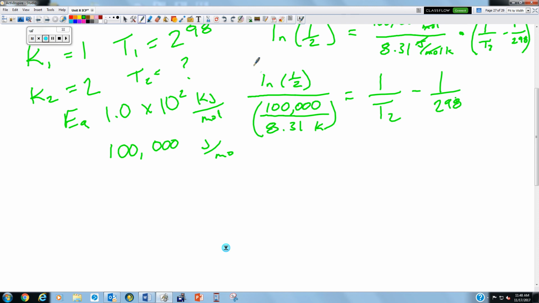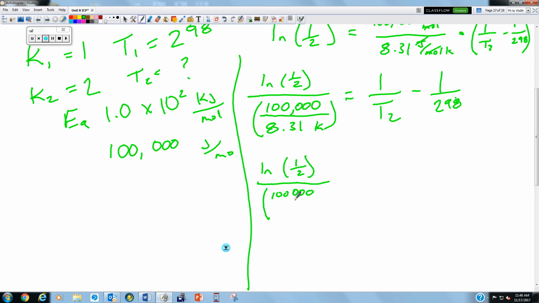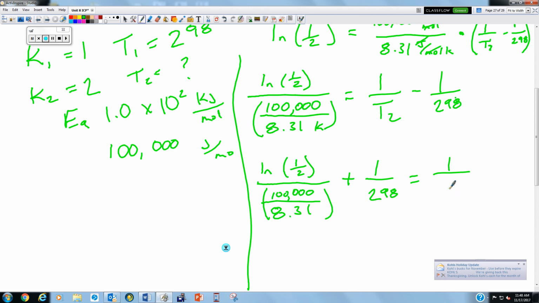Now the next step again would be simply moving this to the other side, so natural log 1/2 over 100,000 over 8.31 plus 1 over 298 equals 1 over T2.